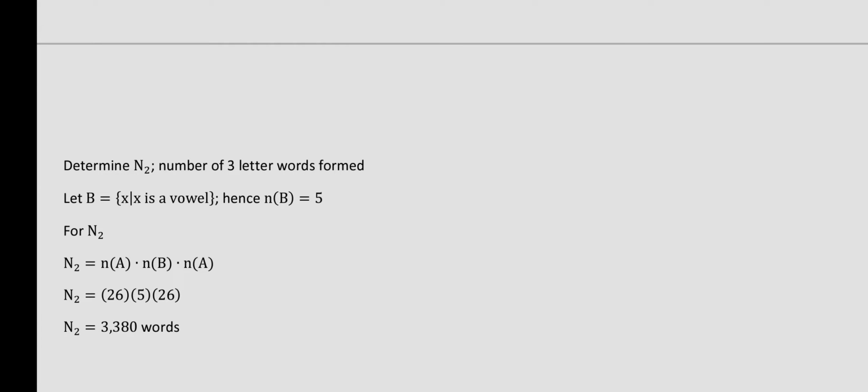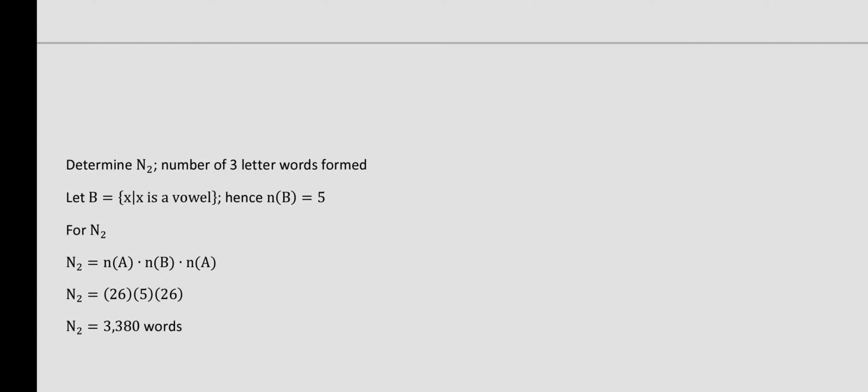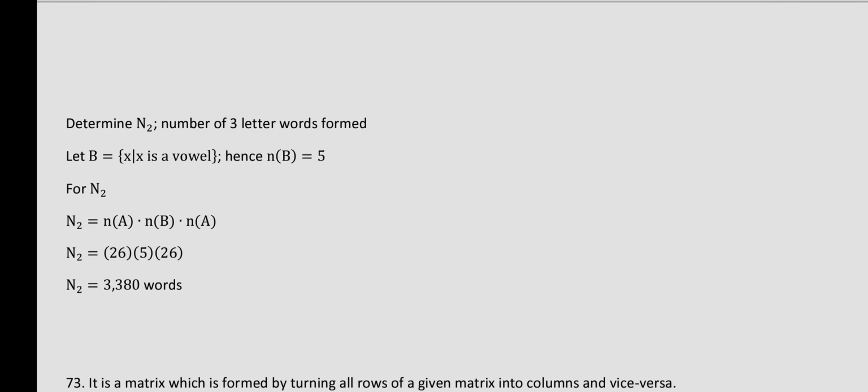Alamin natin ilang ba ang vowel, di ba 5? Kaya n of B mo ay 5. For n sub 2, papalitan mo lang yung gitna. Yung n of A mo, yung dalawang n of A mo is 26 pa rin, kasi yung first letter tsaka third letter mo is lahat ng mga letra na nasa alphabet. Lahat yung posibleng ilagay.